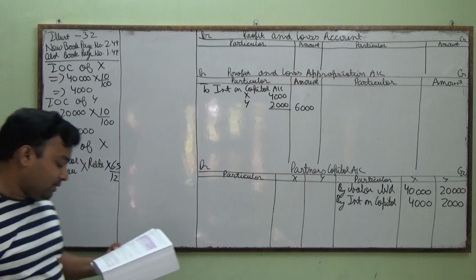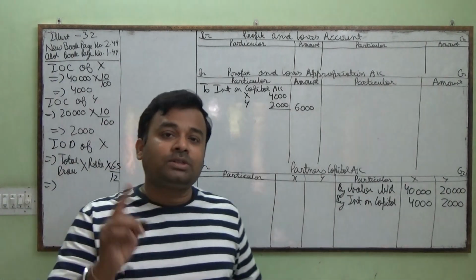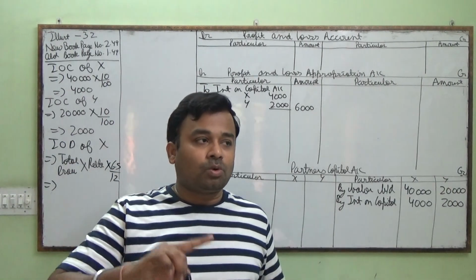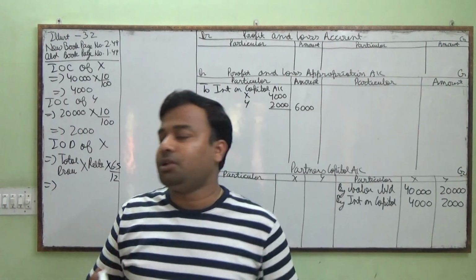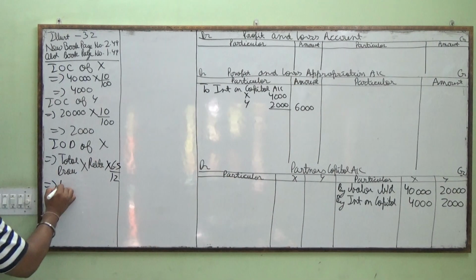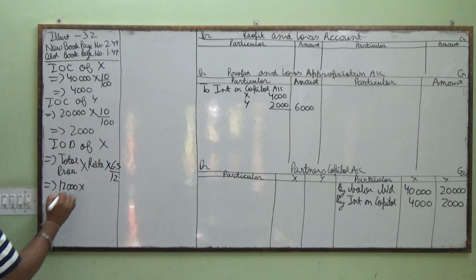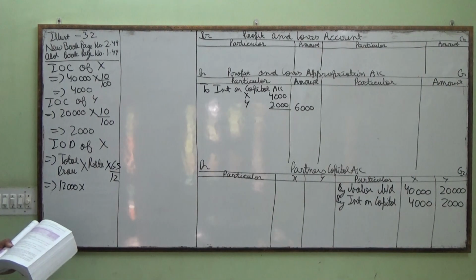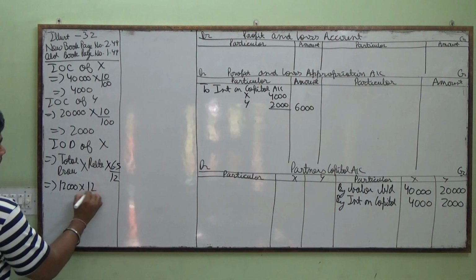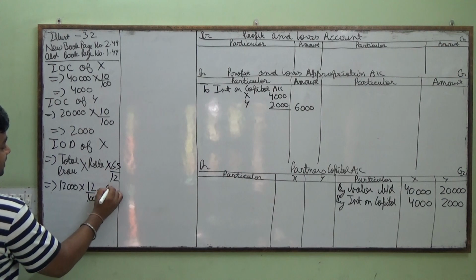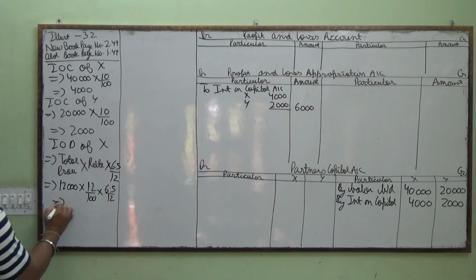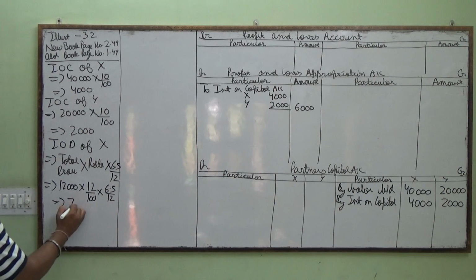X withdrew 1,000 per month, so total drawings during the year is 1,000 into 12, which is 12,000. Rate of interest is 12% per annum into 6.5 divided by 12. So interest on drawings of X is 780.